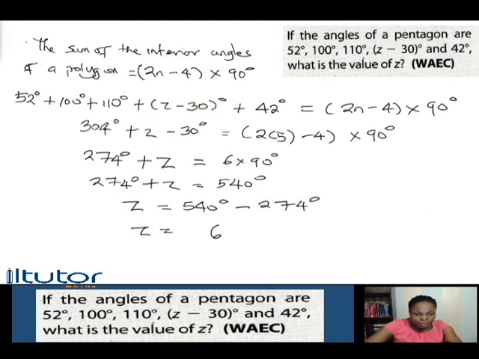You have 3 here. 10 minus 7 will give you 3, and you have 2 left. 4 minus 2 will give you 2. So you have that z is equal to 266 degrees. So that's our z.